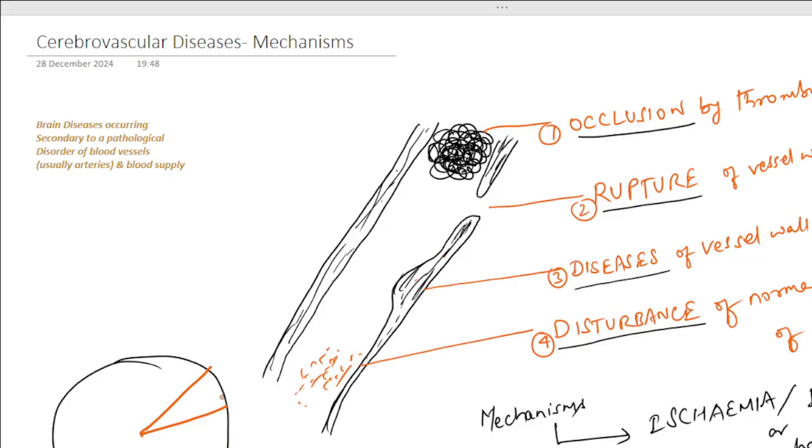Only 15%, sorry, I'm really sorry, 15% is hemorrhagic origin, and the rest 85% is infarction.